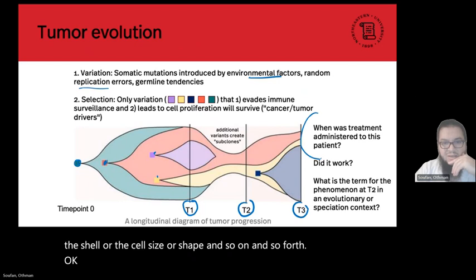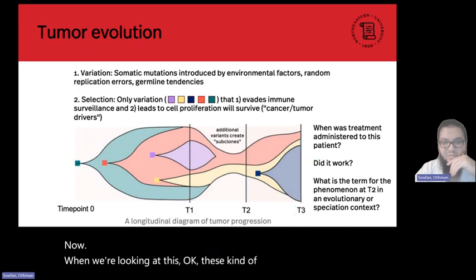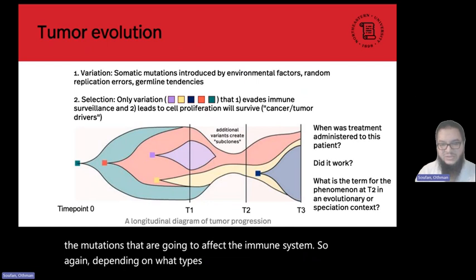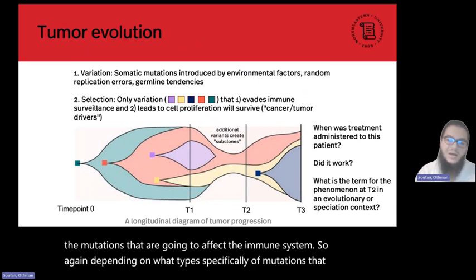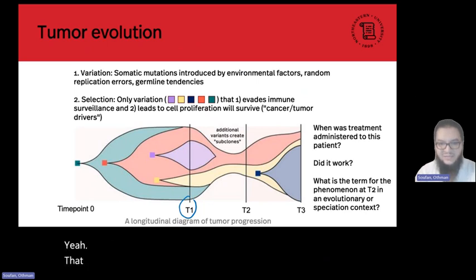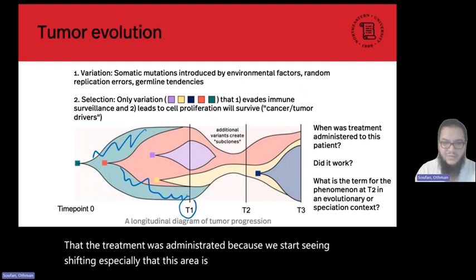Now, when we're looking at this, these kinds of mutations might be the mutations that are going to affect the immune system. So again, depending on what types specifically of mutations we are dealing with, T1 would be the time point that the treatment was administered, because we start seeing shifting, especially that this area is almost going away.